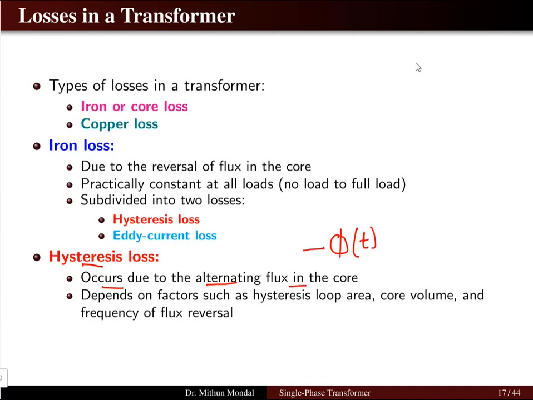So there is a complete magnetization and demagnetization effect due to the alternating flux in the core, which results in the hysteresis loss. It also depends on factors such as the hysteresis loop area, the core volume, and the frequency of the flux reversal. So all these factors will impact the hysteresis losses.